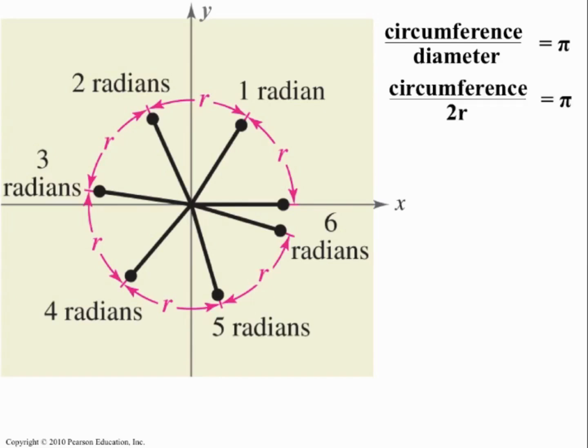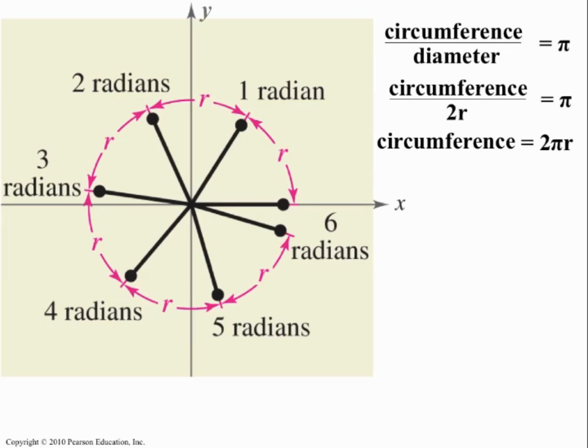Rewriting that, we have circumference over 2r, because 2 times the radius is the same as the diameter, and that equals pi. Multiplying both sides by 2r, we get that the circumference equals 2 pi r. This is a common geometric formula that we're used to throwing around, but this is where it comes from. Circumference equals 2 pi r.